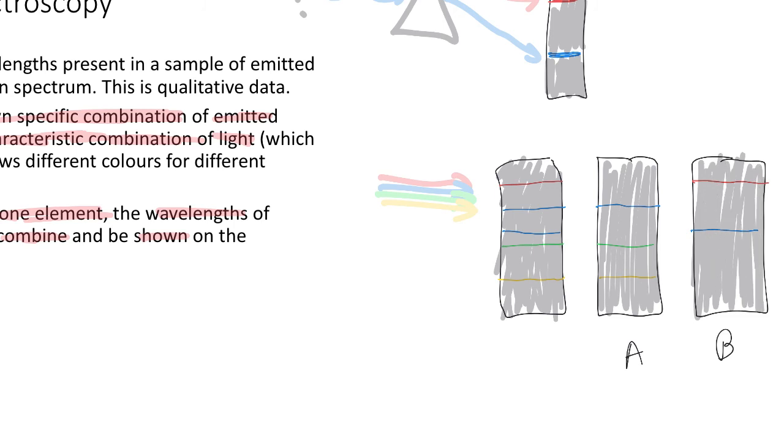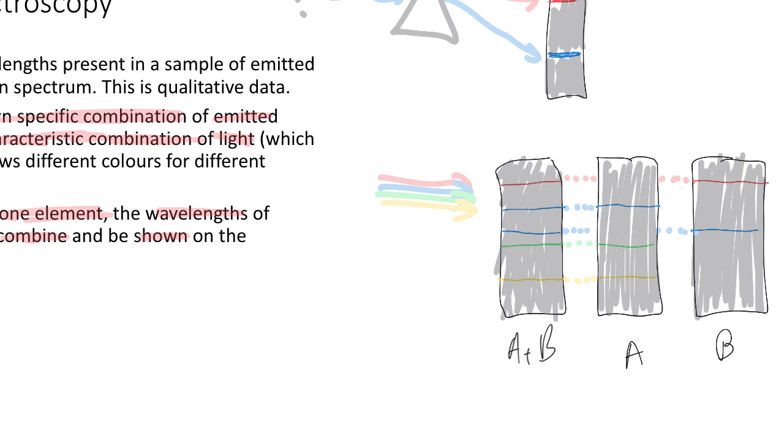So see this line here, that matches up with that one. This red line matches up with this one. This blue line matches up with that one. This green line matches up with this one. And this yellow line matches up with that one. All right, so you would say that this sample has both A and B, okay? Because it's showing all of the lines of both of those two particular samples, right?